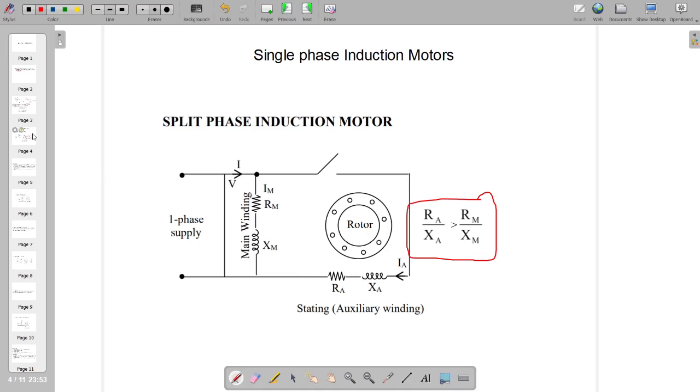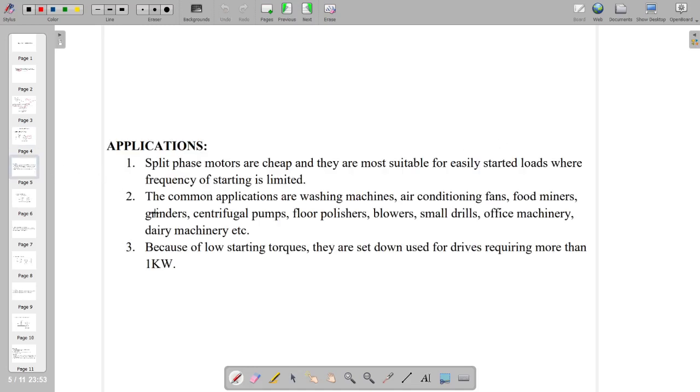So the split phase motor has some applications. Split phase motors are cheap and most suitable for easy started loads, where the frequency of starting is limited. It is commonly used in washing machines, air conditioning fans, food mixers, centrifugal pumps, floor polishers, blowers, small drills, office machinery, and dry machinery.